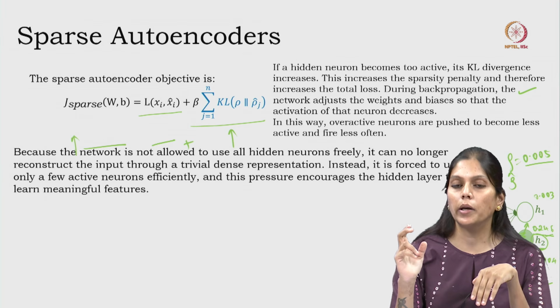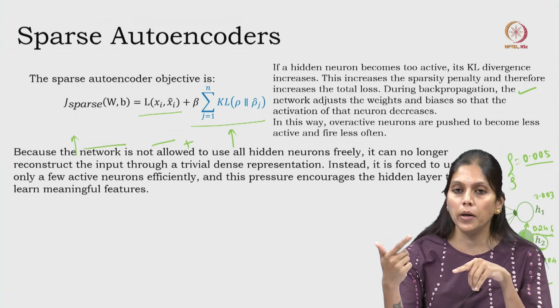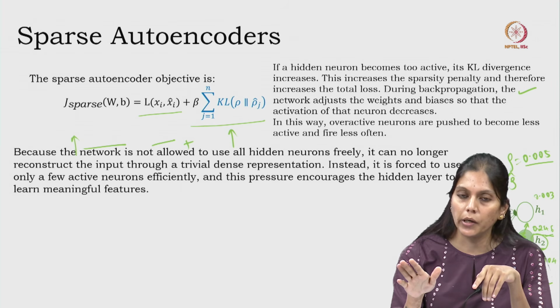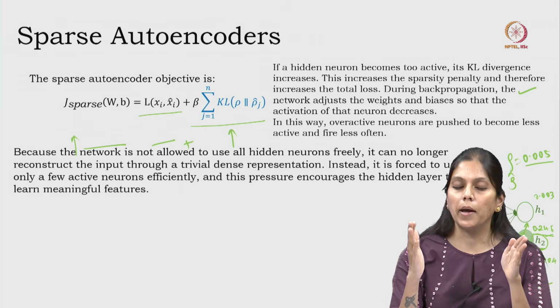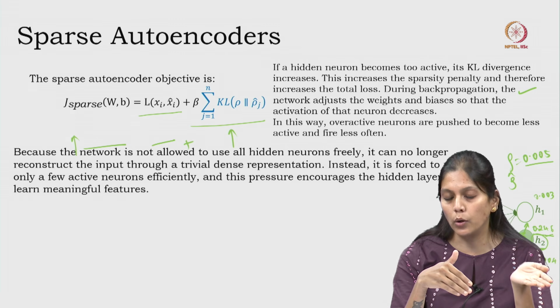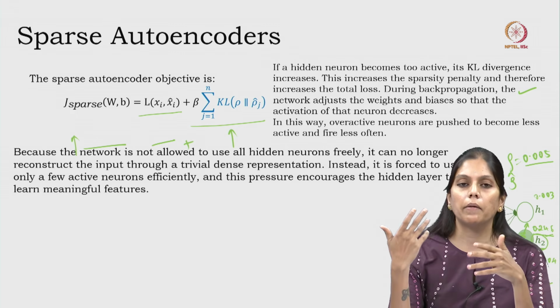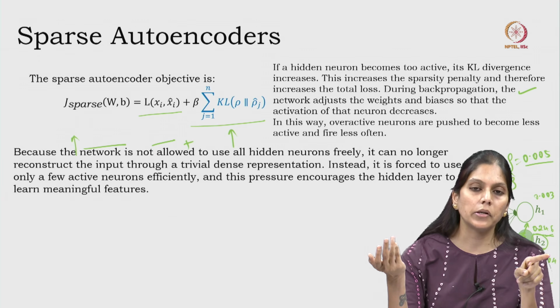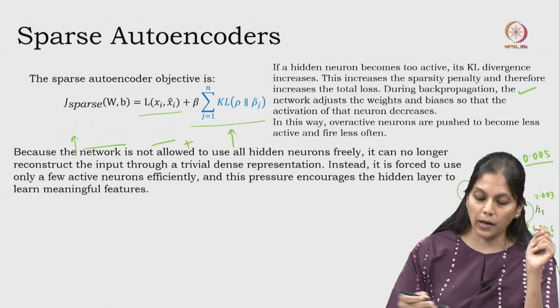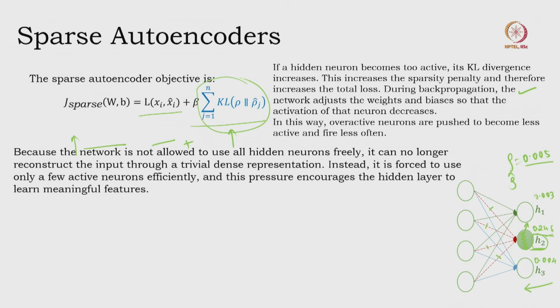How are you ensuring that? If it is active often, you are punishing it. How are you punishing it? KL divergence. You are comparing the average with the desired one. If the values are too different, the KL divergence term increases. When the KL divergence term increases, it is added to the loss, so the overall loss increases. When the loss increases, when you are backpropagating, you have to update the weights.